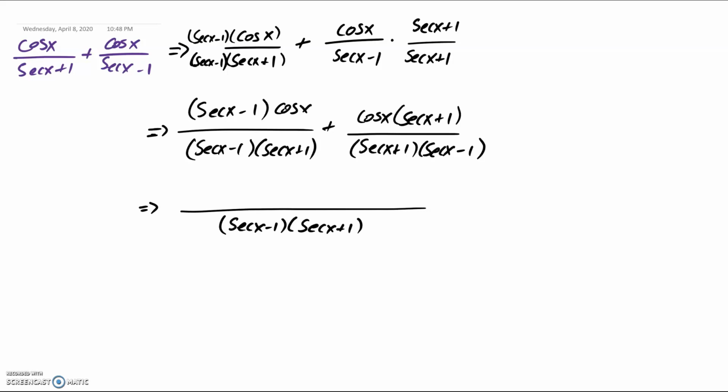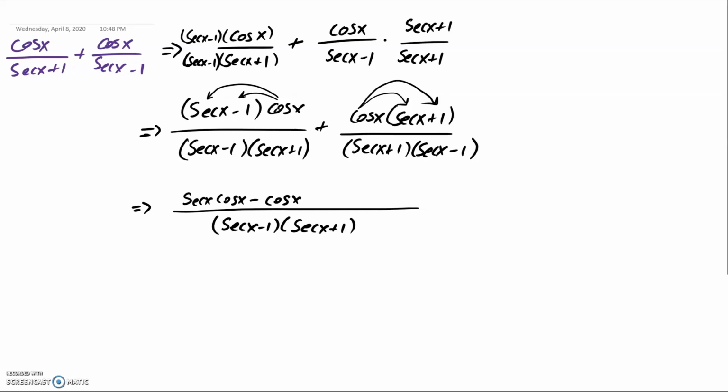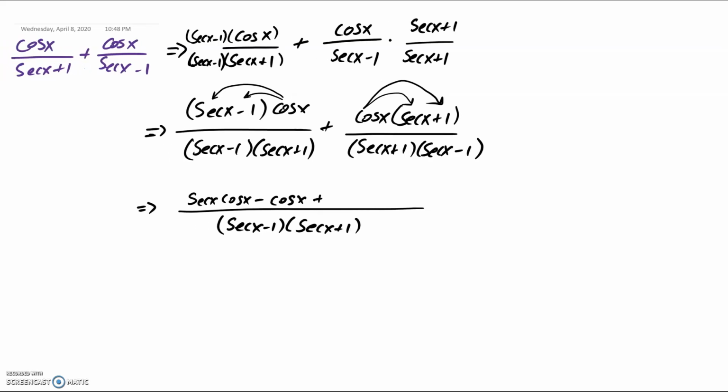In the top part, you can see that it's multiplication. You can multiply this term with this one and this with this, and for the right term, multiply this with this and this with this, correct? And it's going to be secant x cos x minus cos x plus cos x secant x plus cos x, right?